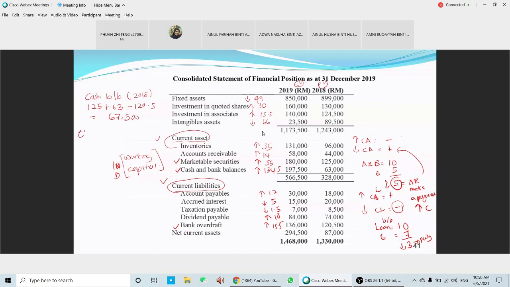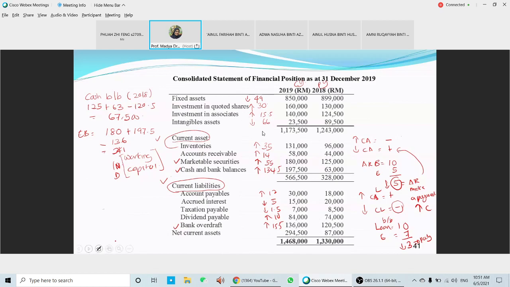So for the ending balance, marketable securities 180 plus cash equivalent 197.5. Okay, and then minus bank overdraft 136. So the ending balance here will be 241,500.